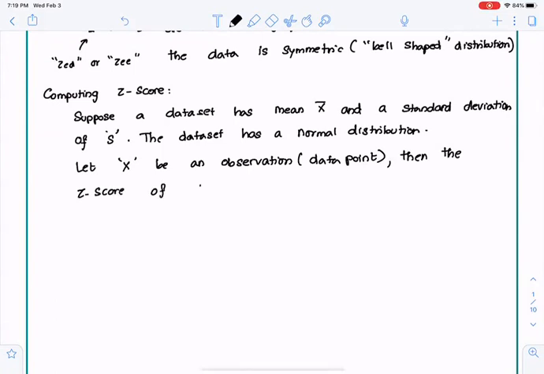Then the z-score of x is simply given by this formula: x minus x bar divided by s.